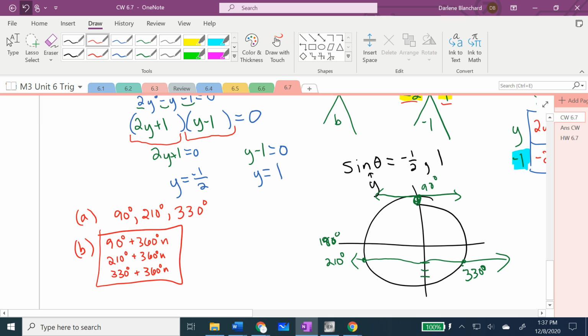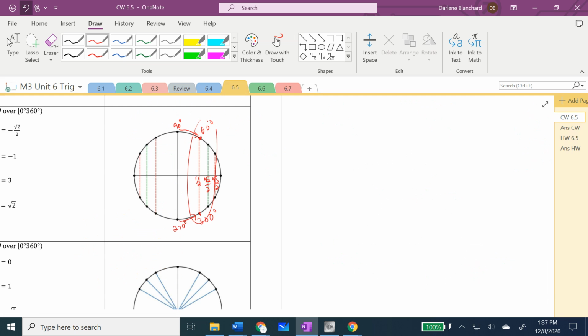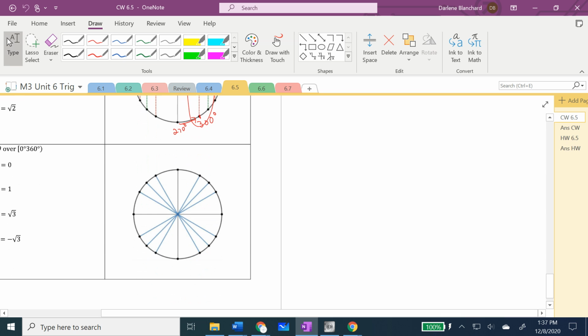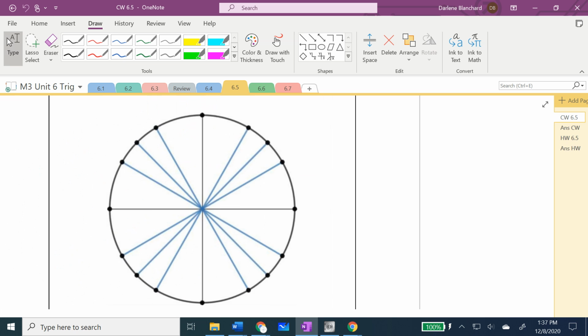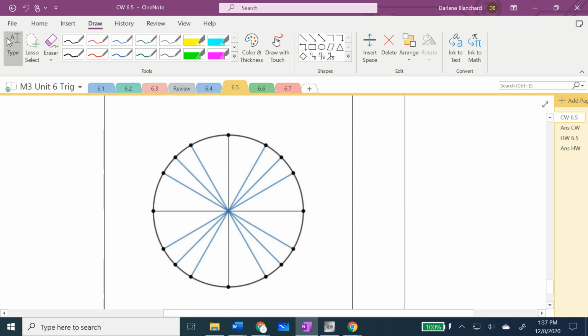I think what I should do is go over to a circle that is actually drawn and point out these angles. We have our 90-degree angle here, and then we also had angle 210 and angle 330. Just step back and look at that.